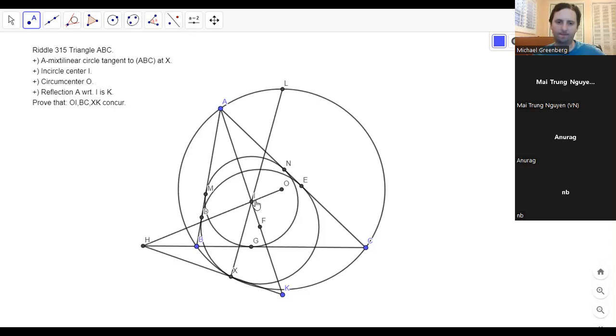We could project through I. And we could project them onto HK maybe, or onto BC. So HG and these 2 points right here are harmonic.